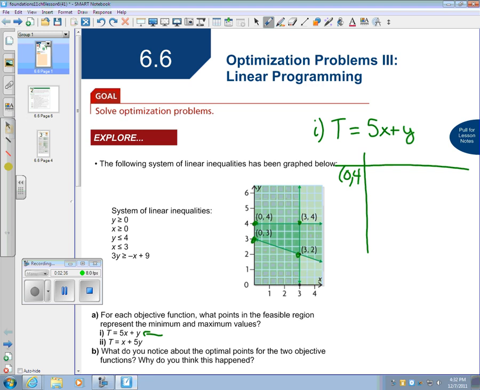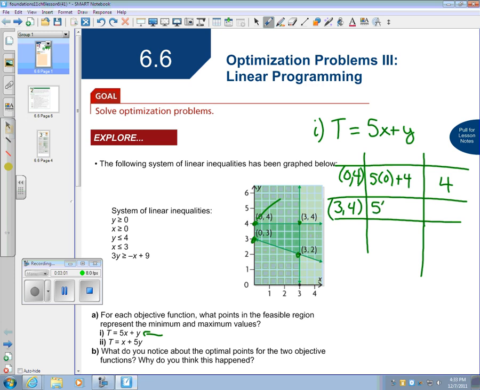I'm going to make a little table. You can either follow along in your notebook, or just watch. Subbing in when x equals 0, we have 5 times 0 plus 4, and our answer is 4. Our next point: 3 and 4.